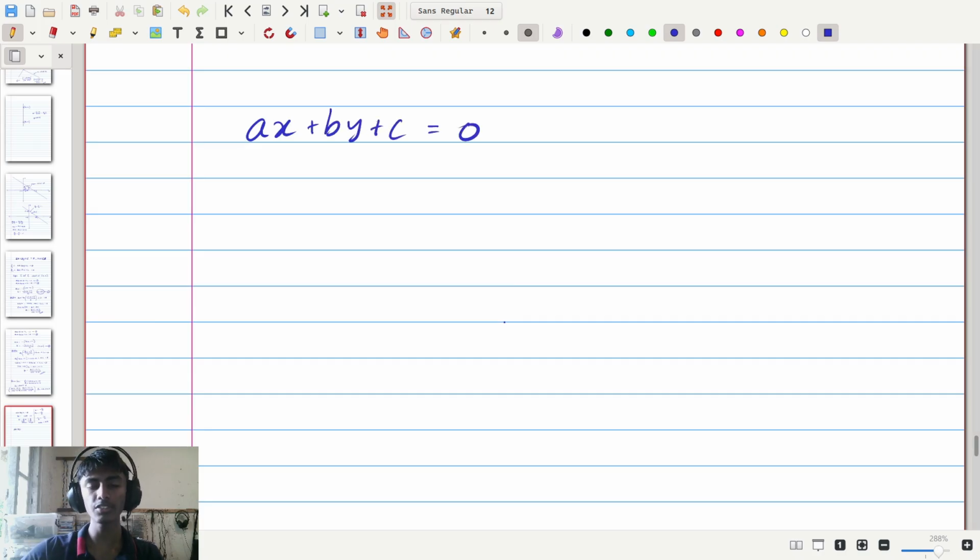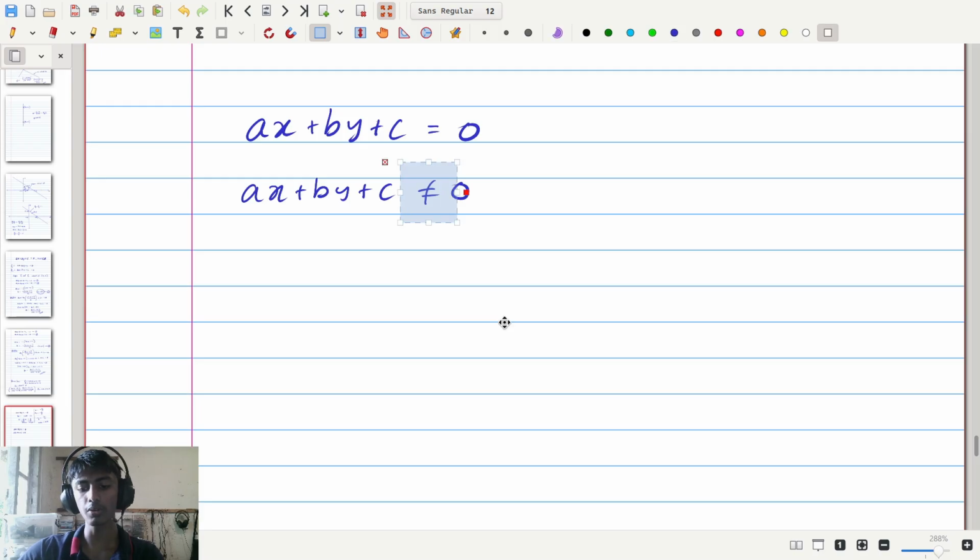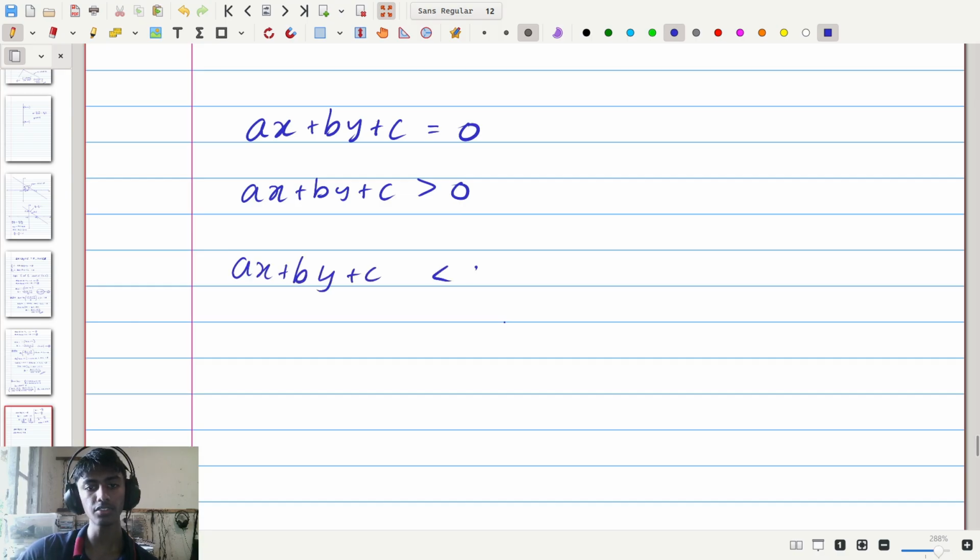What we're going to do next is consider points that are not on the line. So here this equation represents all points that are on the line, and therefore the equation ax plus by plus c not equal to 0 would represent all points that are not on the line. However, this not equal to 0 can also be written as ax plus by plus c greater than 0 and another ax plus by plus c less than 0.